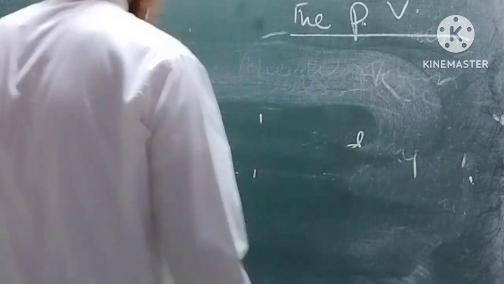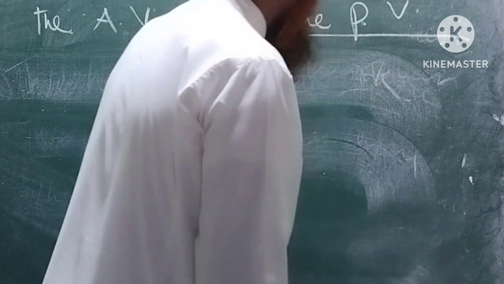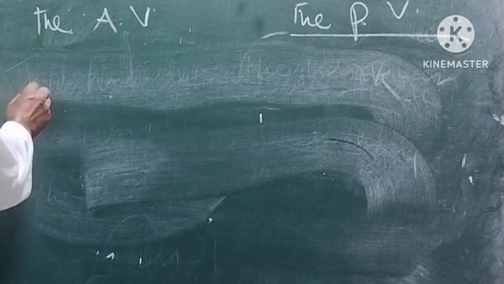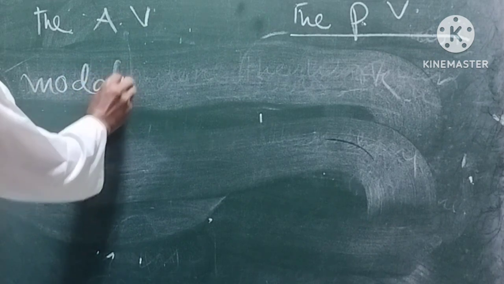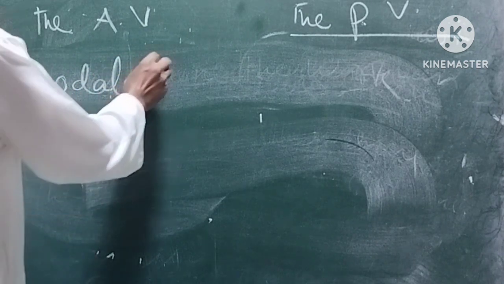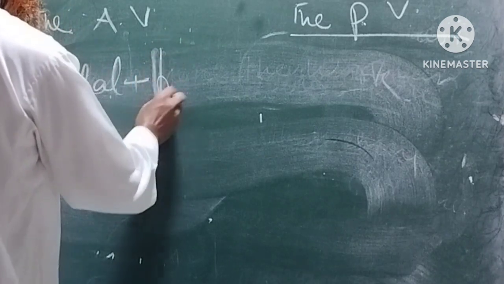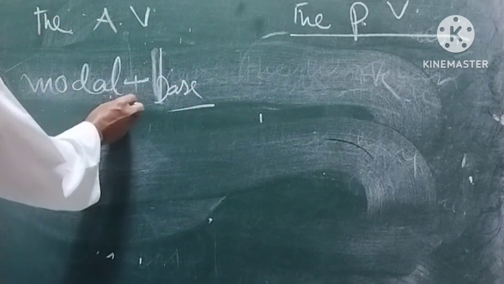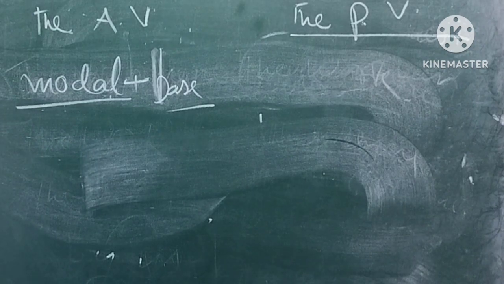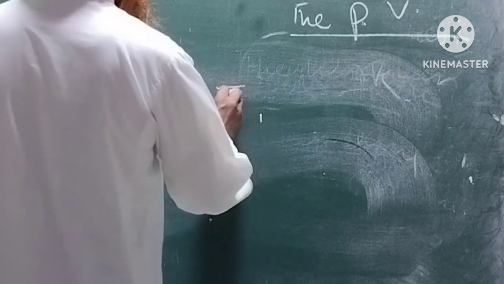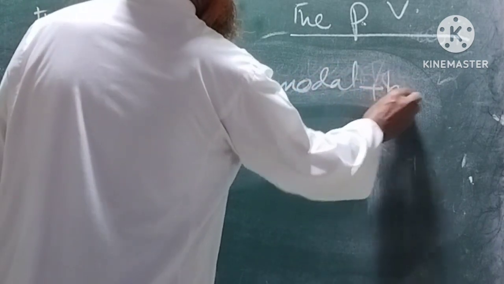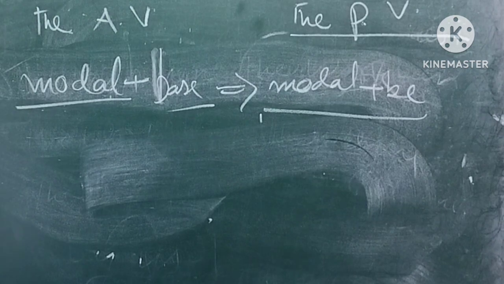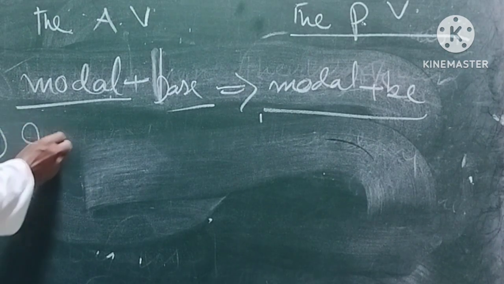Now, another form of verb: modal plus verb base. Base means present form. If there is a modal before the present form of a verb, then in the passive it is modal plus be plus past participle.